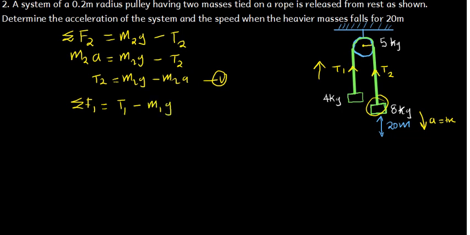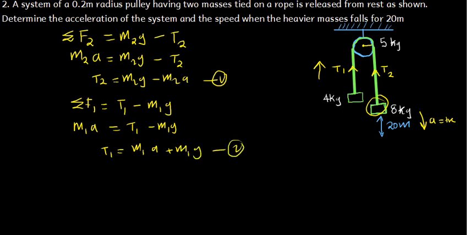And the net force is m1 times acceleration, that is T1 minus m1g. So I'll take this term the other side to remain with T1. Therefore T1 is going to be equal to m1a, plus m1g. So these are going to be the two equations.